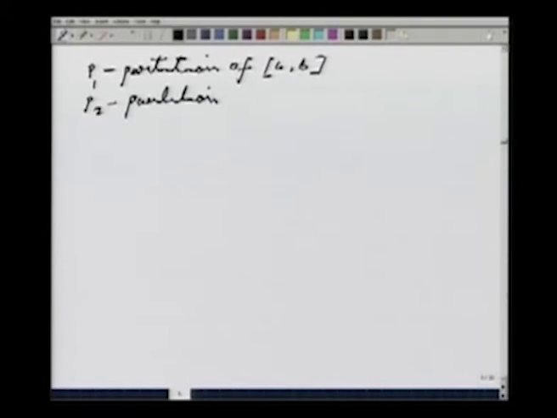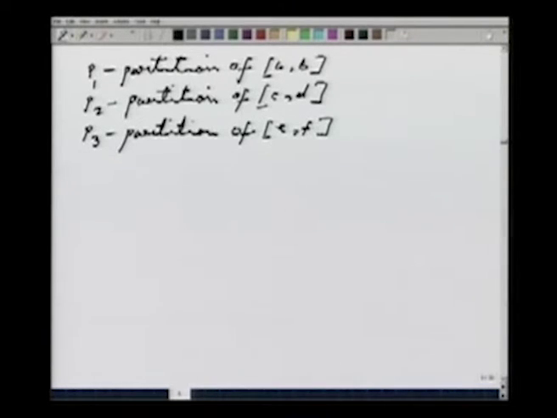So what you do is, first take P1, a partition of [a,b], then P2, a partition of [c,d], then take P3, a partition of [e,f].